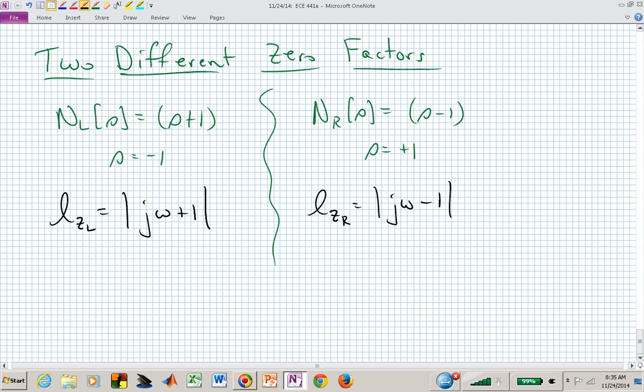And if you found the magnitudes, it's just the real part, which is 1 or minus 1 squared plus omega squared, square rooted. Those hypotenuses are the same, which we've already shown by comparing.